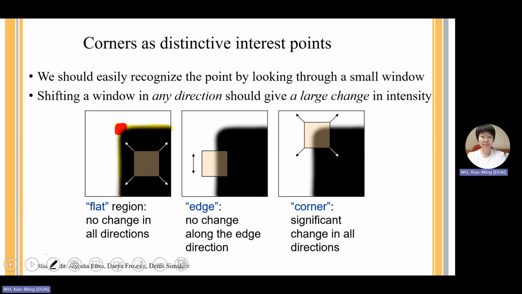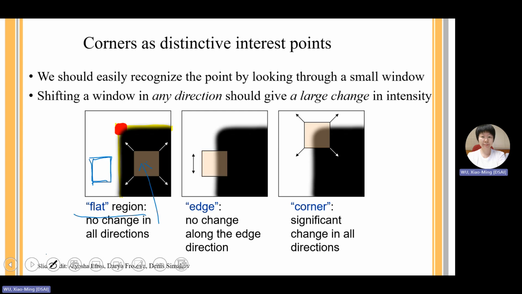Within this image, you can see there are some flat regions. The black region is a flat region, and so is the white region. If you place a window within the white background, the white background is a flat region, and the black foreground is also a flat region.